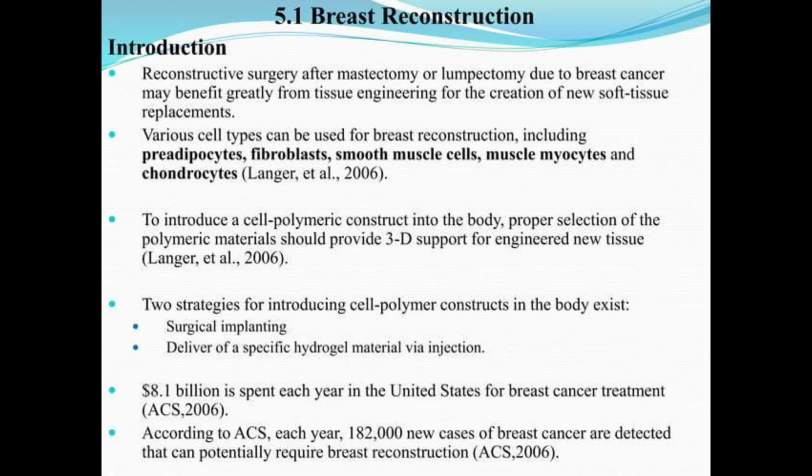The 3D polymeric materials provide the support over which the cells are added, and it is surgically implanted. The delivery of the cells is done by hydrogel material or bioinjection during this procedure, so that the breast is reconstructed to look like a normal one, which doesn't have any evidence of the surgical removal of the breast due to the cancer process.